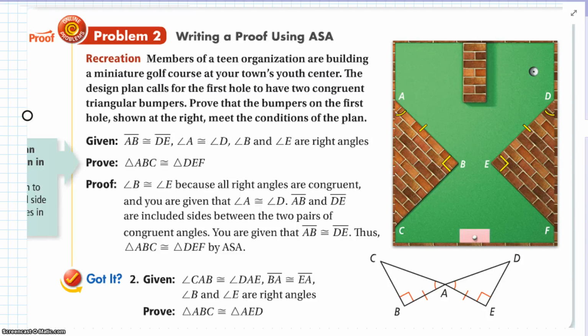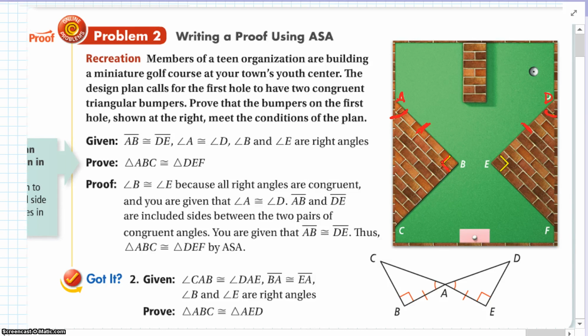Okay, given segment AB, let's get a darker color, AB is congruent with DE. Angle A is congruent with angle D. We have that side congruent with that side.